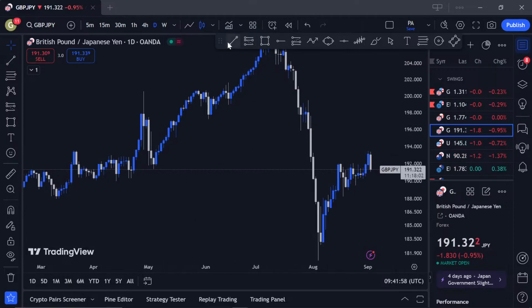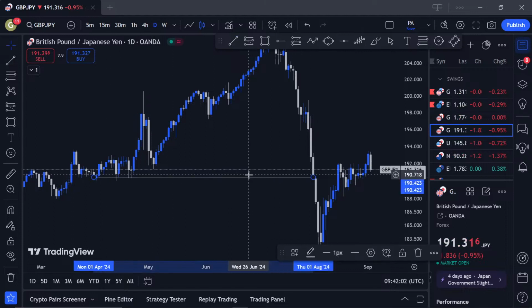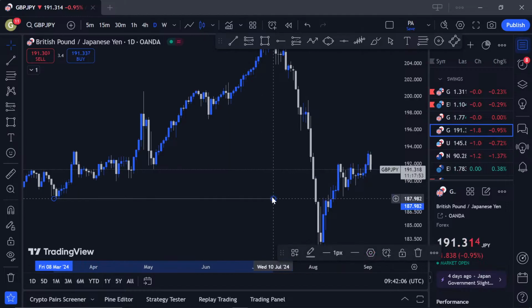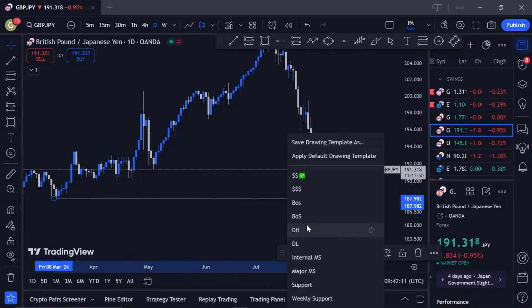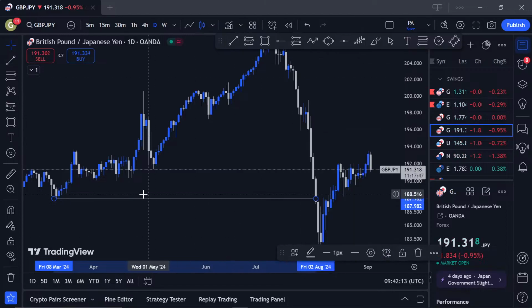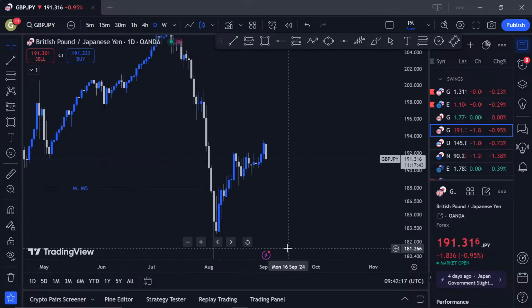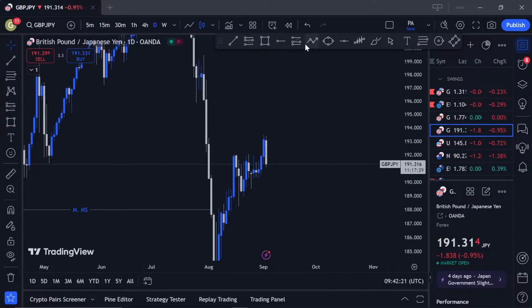GBP JPY and USD JPY are almost the same thing. You can see the market gave us a market shift, but then it couldn't give us a break of structure to the downside, which means there is still buying power in the market. We had this market shift to the downside, but the market couldn't continue to give us a break of structure until it gave us another market shift on the daily time frame to the upside again.